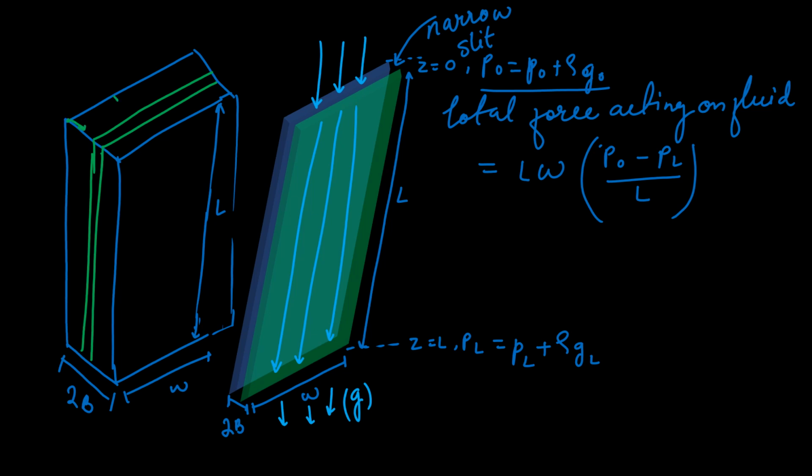Here this is my x axis and this is my z axis. Fluid is flowing on the z axis, therefore velocity Vz only, and velocity in the other directions is considered 0, that is Vy and Vx equal 0.